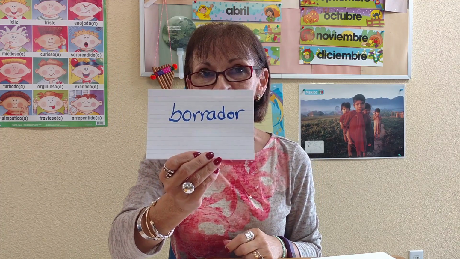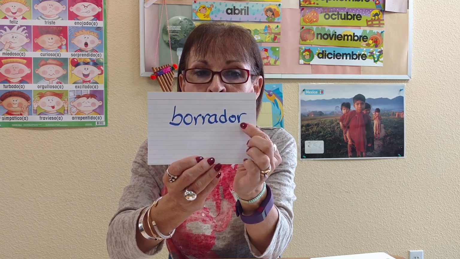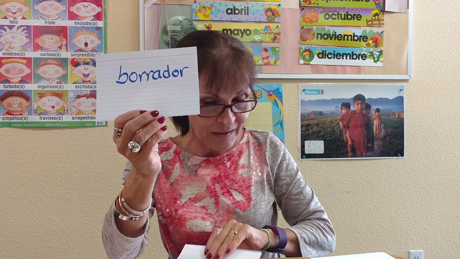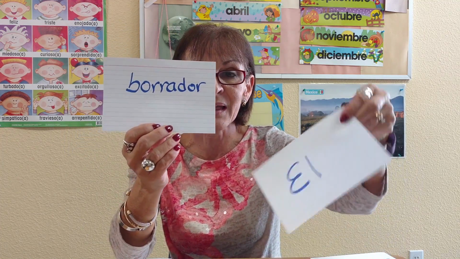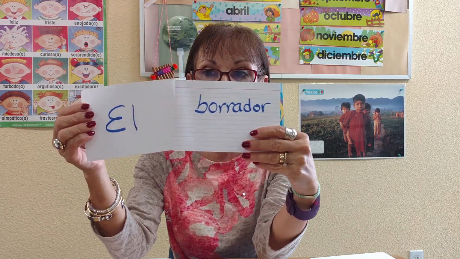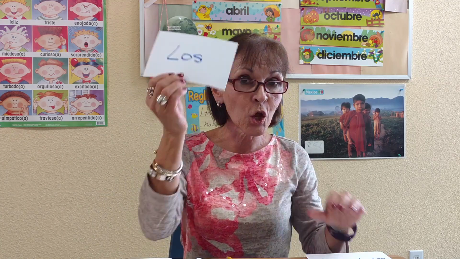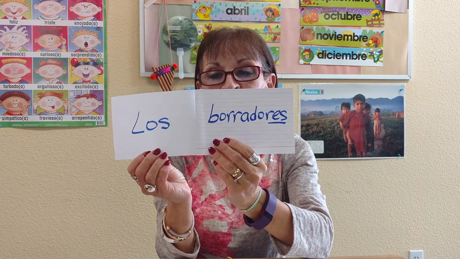Now we have the word borrador, which is an eraser. Borrador ends in a consonant, R. So when we say el borrador, that's going to mean only one. El borrador. And if we have more than one, then we have to say los borradores.